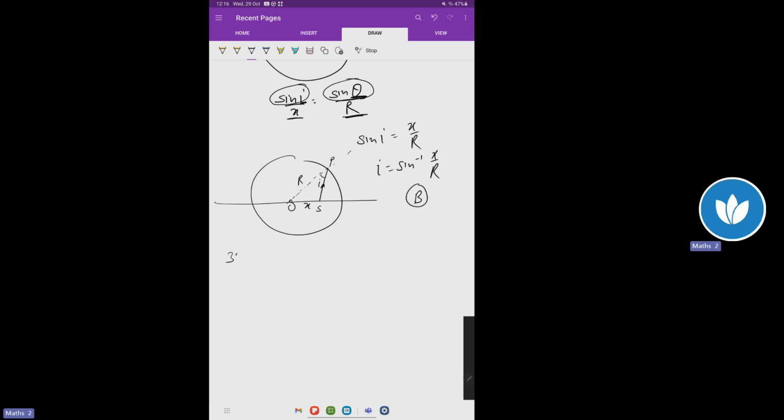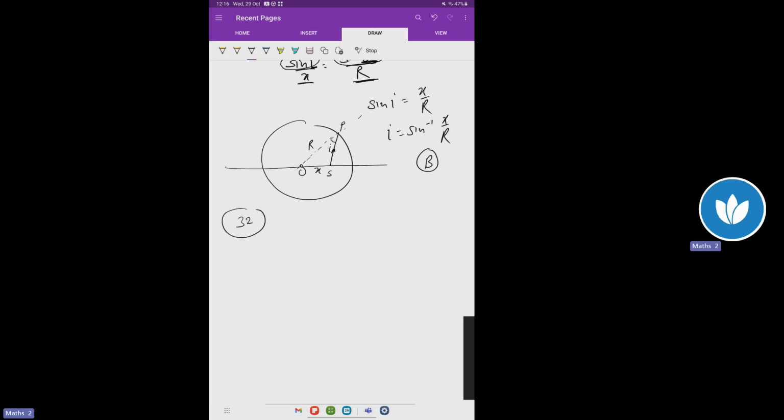Question number 32. A small rod ABC is put in water making an angle of 6 degrees with the vertical. If it is viewed paraxially from above, it will look like a bent shaft ABC dash. The angle of bending CBC dash will be in degrees.